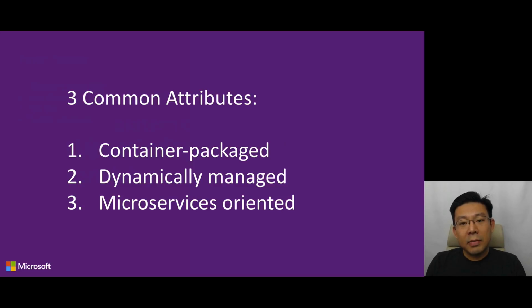And cloud native applications are usually microservices oriented, which means that they are usually defined as loosely coupled artifacts, and they communicate with others using some kind of communication protocol.